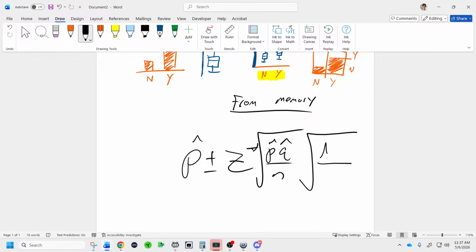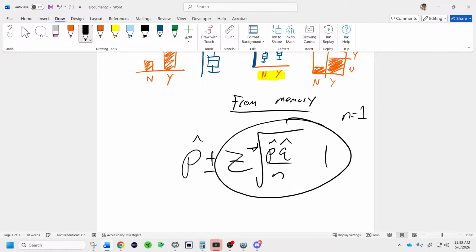It's going to be capital N minus n, and then capital N minus 1. If you only take one observation, then n equals 1, and these two things would be the same. Numerator and denominator are the same, so that leads to the square root of 1, which is 1, and the formula wouldn't change because you're multiplying by 1.